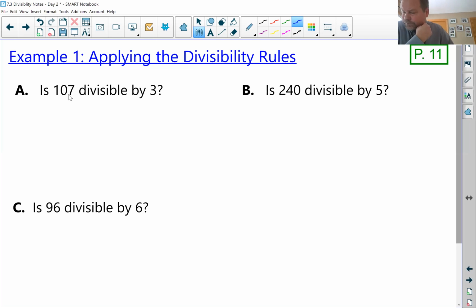I can't remember, so you'll have to let me know. Does anyone know, is 8 divisible by 3?